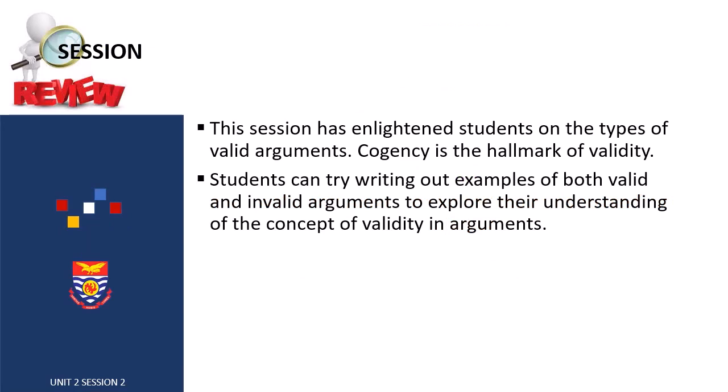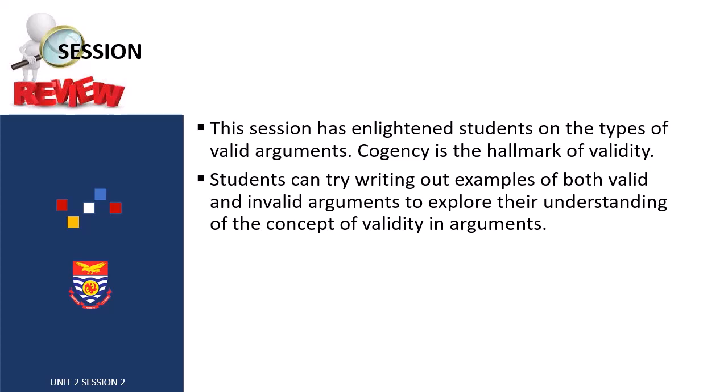This session has enlightened students on the types of valid arguments. Cogency, you should know, is a hallmark of validity. Students can try writing out examples of both valid and invalid arguments to explore their understanding of the concept of validity in arguments.